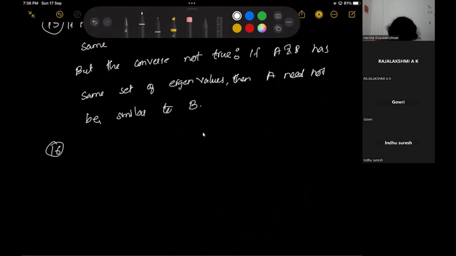Now, what is diagonalizable? When will we say a matrix A is diagonalizable?